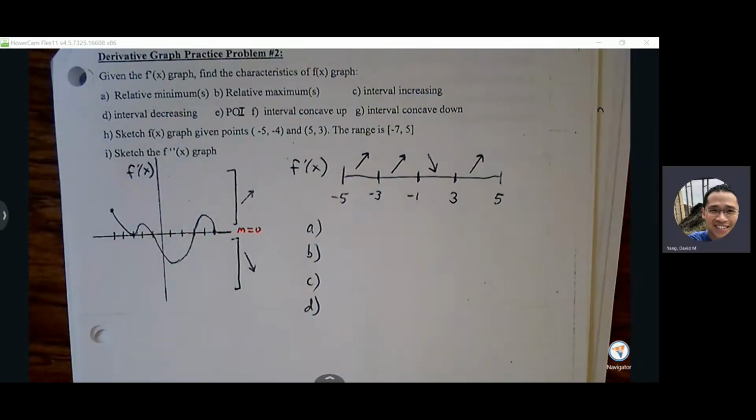Now for relative min and relative max, all you can do is provide the x values. We don't know the y values yet. That's okay. Just the x values for the relative min and relative max.